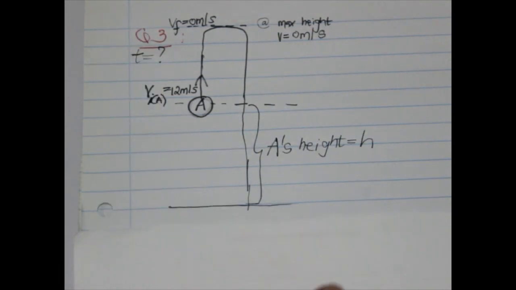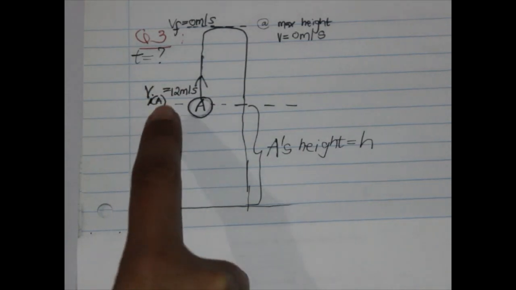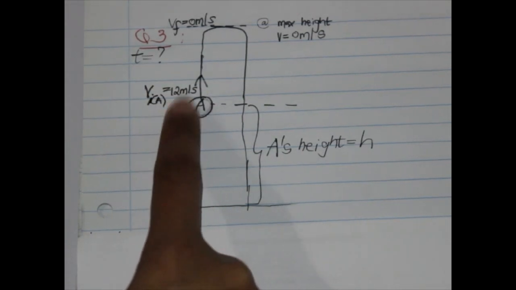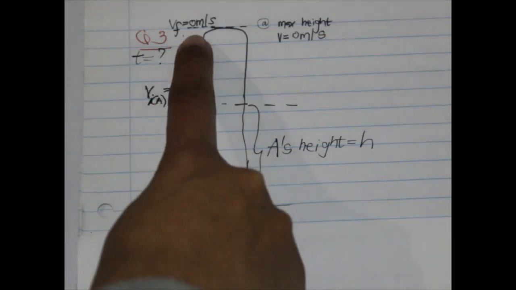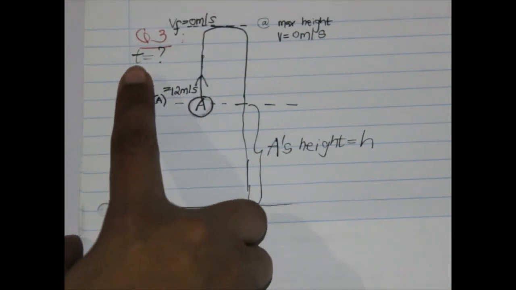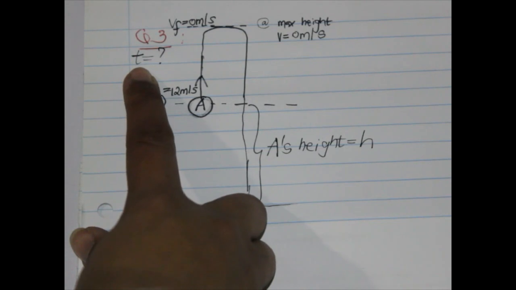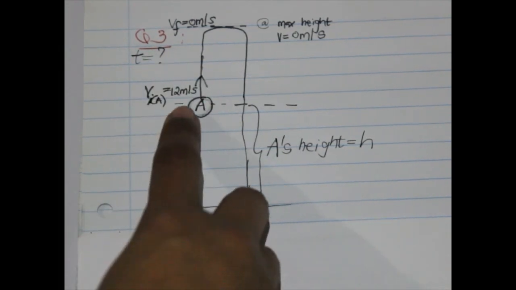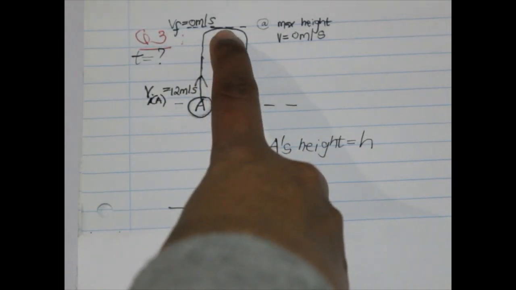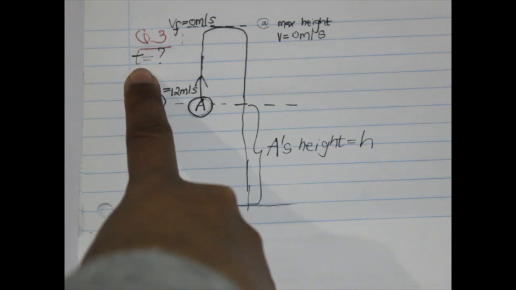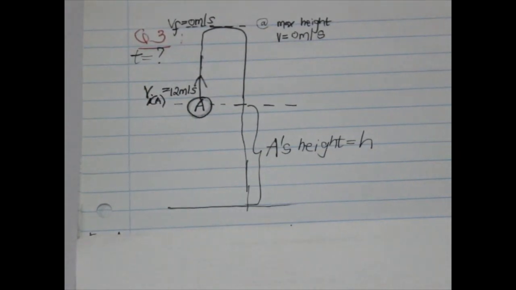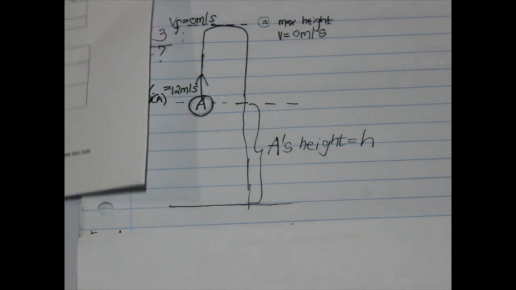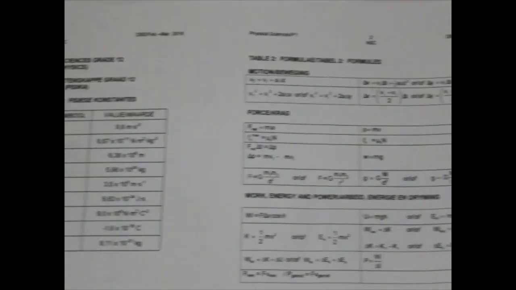Now we have two sets of information that we can use for our equation. We have our initial velocity and our final velocity. The question wants us to determine what the time would be for A to reach its maximum height. So for the time being, t will equal question mark. We can use one of three equations.